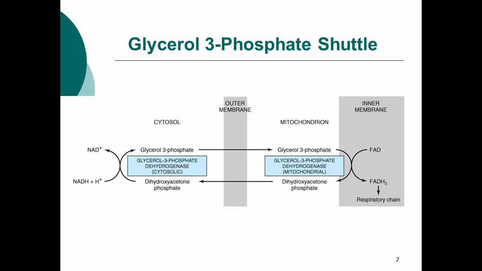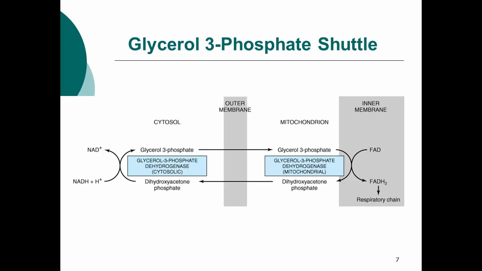NADH, for example, is generated in the cytosol from glycolysis, right? It can transfer its electrons to dihydroxyacetone phosphate to generate glycerol 3-phosphate. So glycerol 3-phosphate carries the electrons originally from the NADH, right?